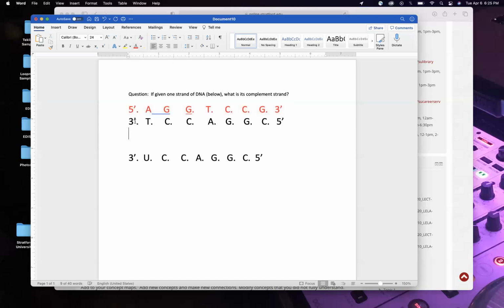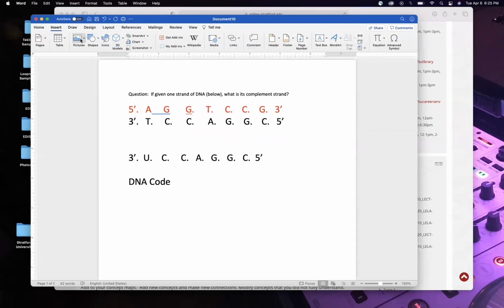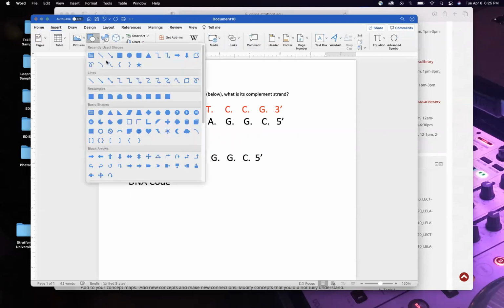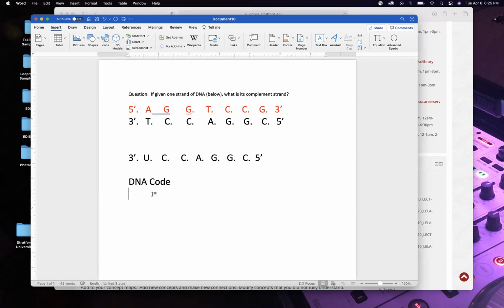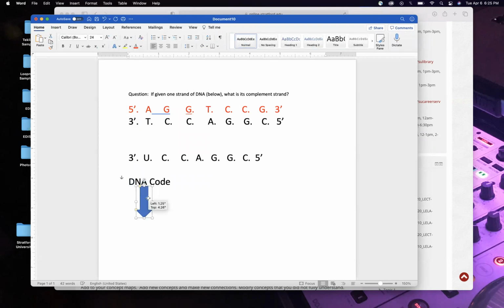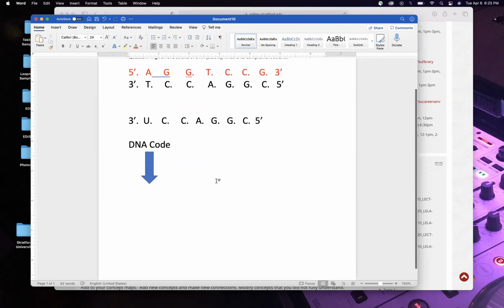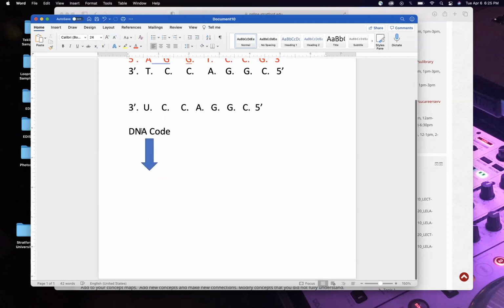So we're going to talk about how we're going to unzip and separate these 2 strands, and the RNA is going to copy itself, because remember, I need the DNA code. Let's insert a shape, down arrow maybe. Okay.